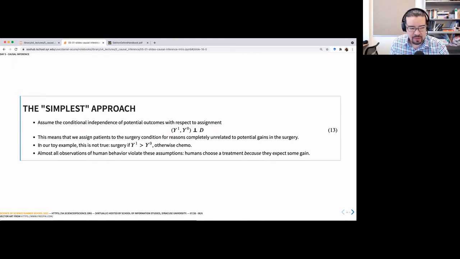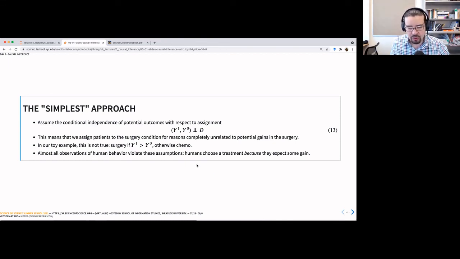Now, in our case, because we had a very convoluted example, the doctor was choosing D based on knowing what would be the best potential outcome for you. So this was not true in the example, and that's why there was such a big discrepancy in the results.